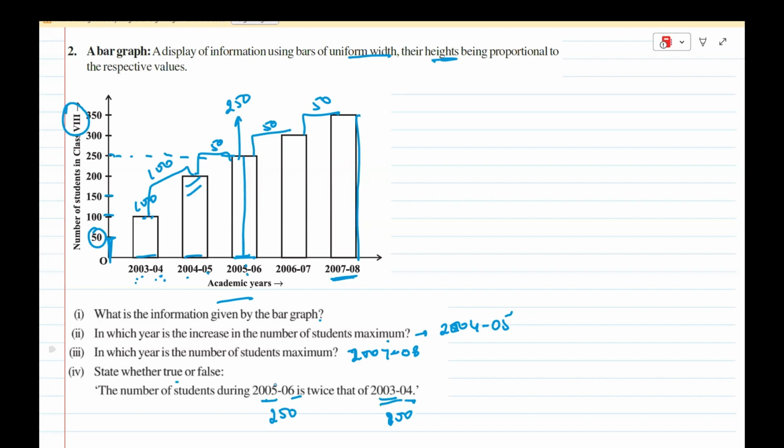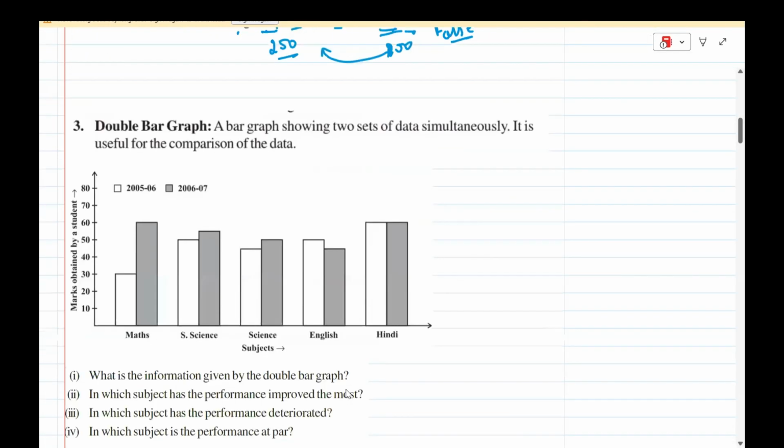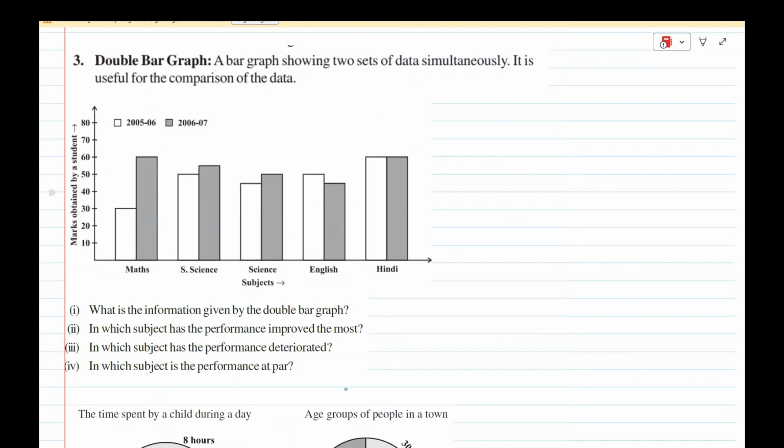So what it says, the number of students during 2005, 2006 is twice that of 2003, 2004. It is more than twice. So it is false, correct? It says twice, but it is more than 2.5 times. So it is false.